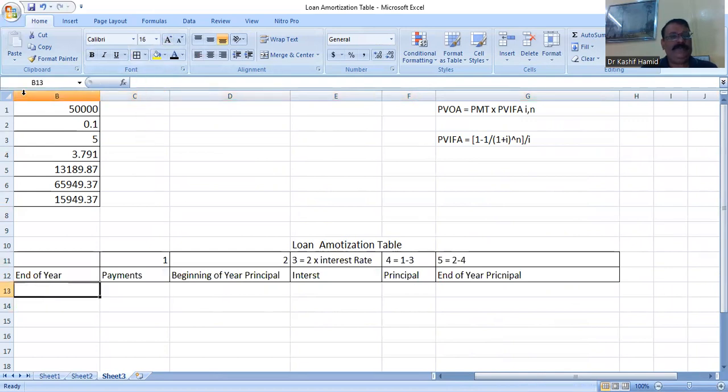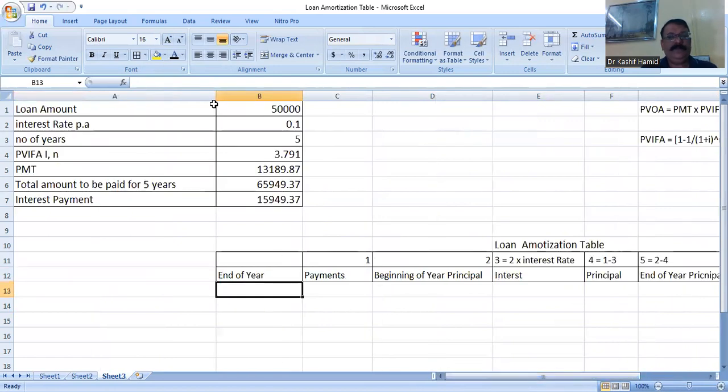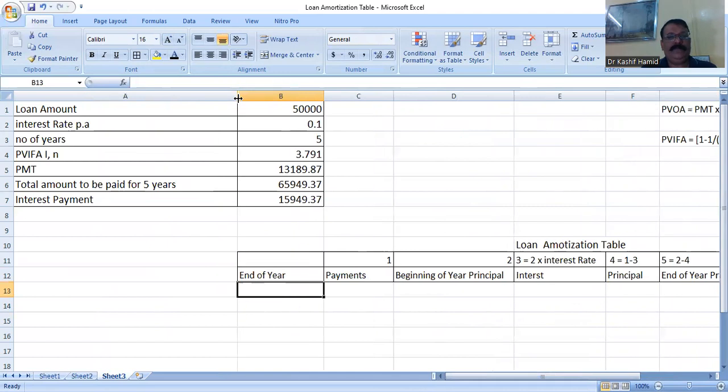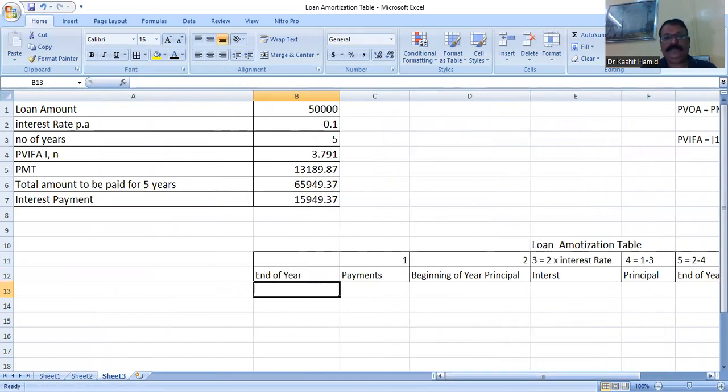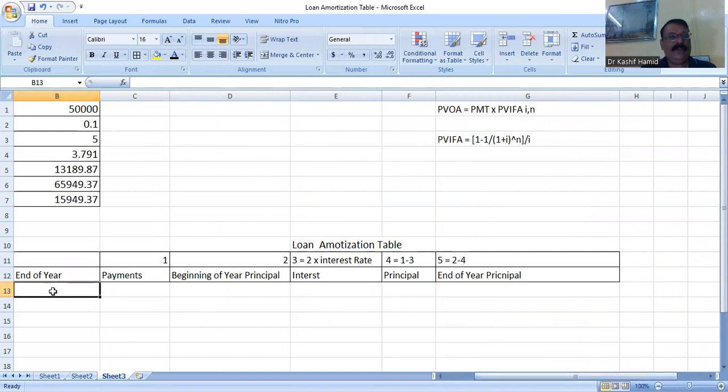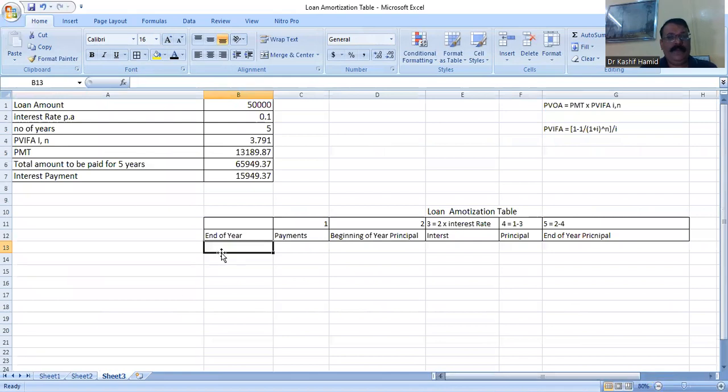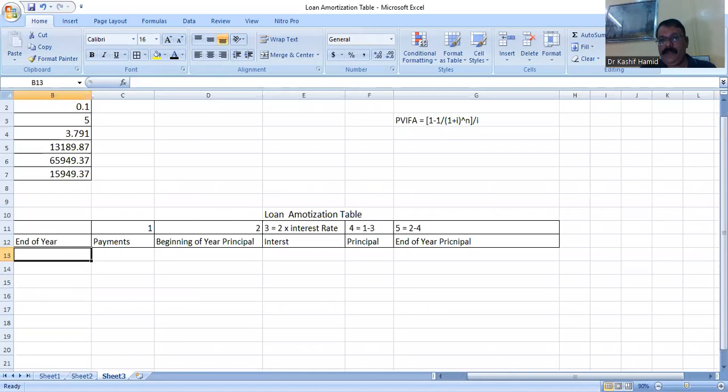End of each year, so let's make it completion.